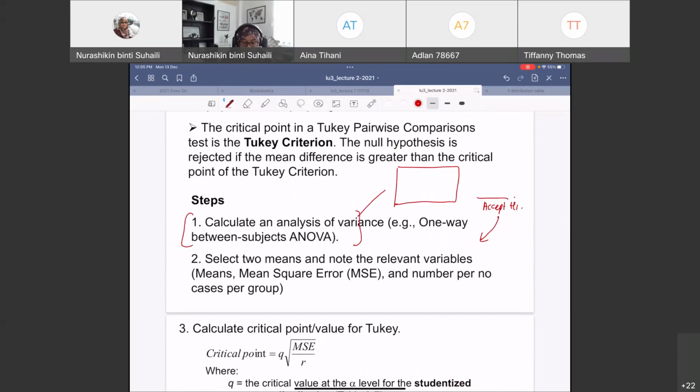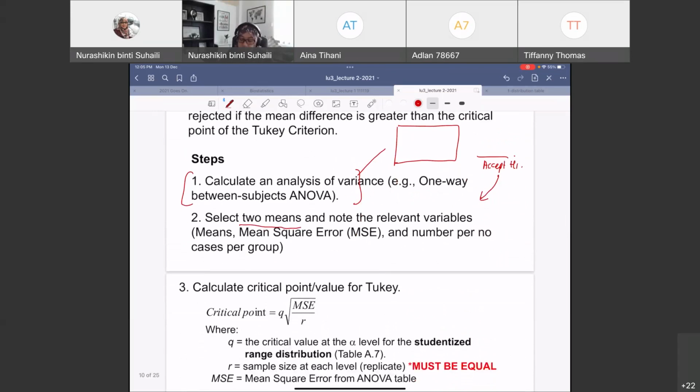What is meant by select two means? Let's say I give the easiest one: you have A, B, C, D, those are the 4 treatments. Now you want to know more about which treatments are similar and which are not.